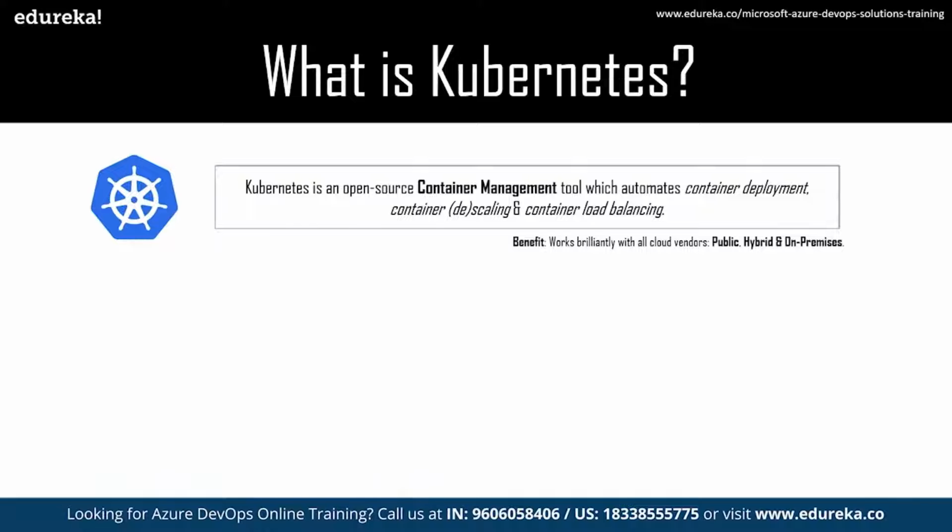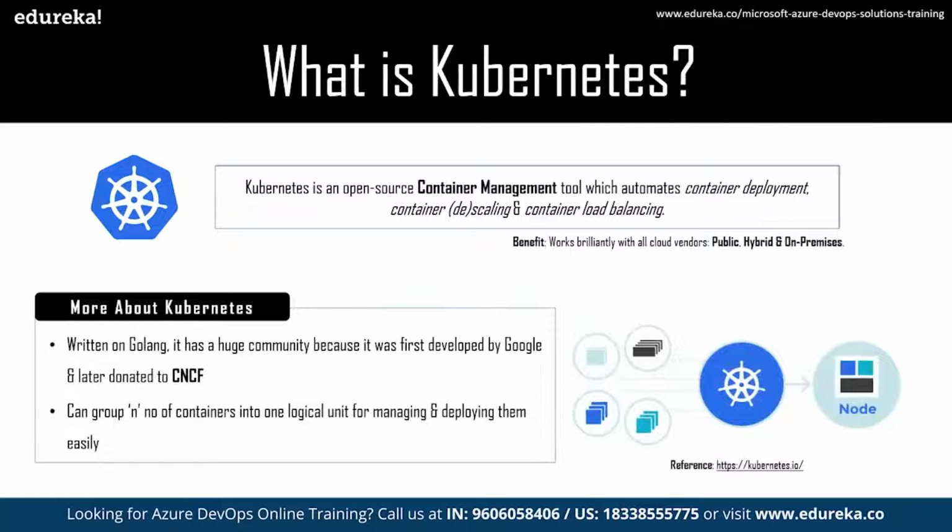So what do you need to know more about Kubernetes? Now, these are some of the facts, some of the things that might intrigue you. If you talk about Kubernetes, it was developed by Google. Okay. So Google, as we know, brings in a big customer base, a big audience, a big community to discuss. And that is why this in itself is a big thing. Why? Because when you talk about something like Kubernetes, it is going to have a huge community.